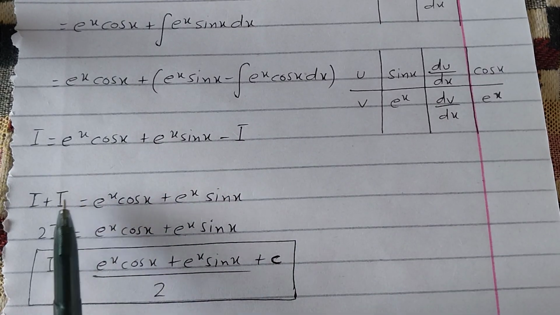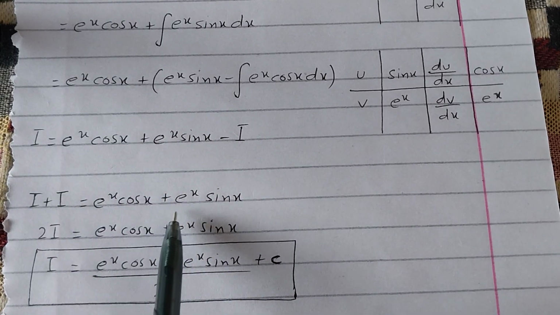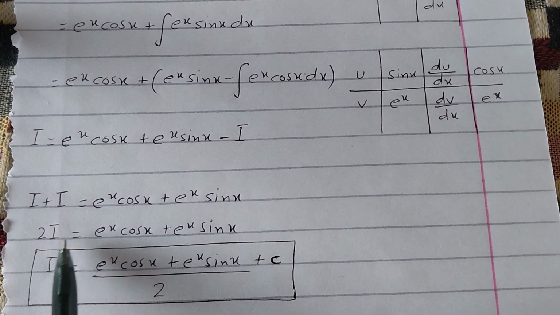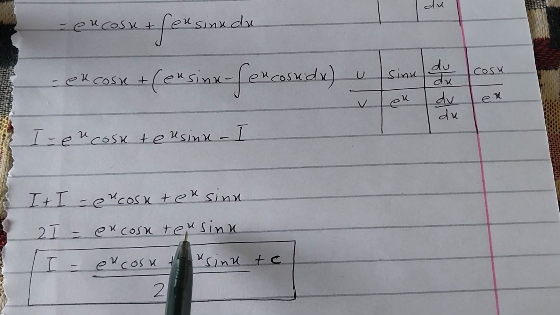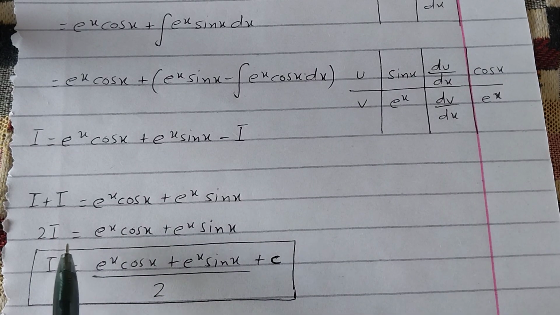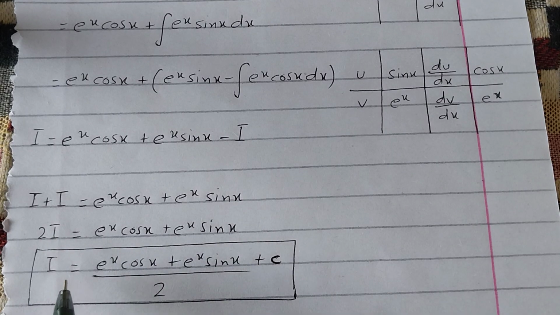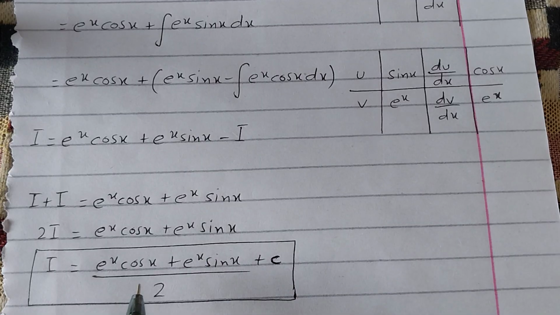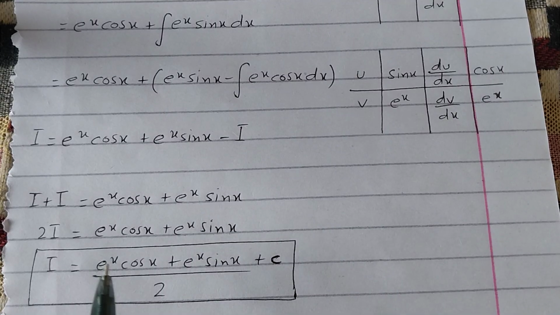So I plus I is equal to e to the x cos x plus e to the x sin x. 2I is equal to e to the x cos x plus e to the x sin x, and we are interested in I, so this 2 will be divided on the right side because it is being multiplied on the left hand side. So I is equal to e to the x cos x plus e to the x sin x over 2 plus c. This will be the value of our integral.